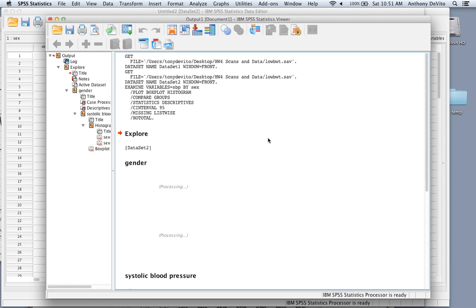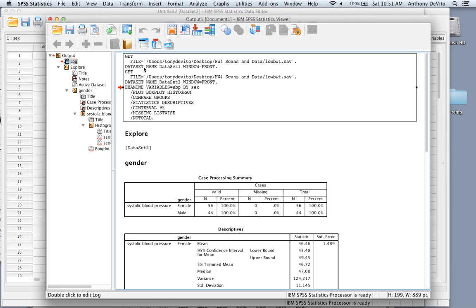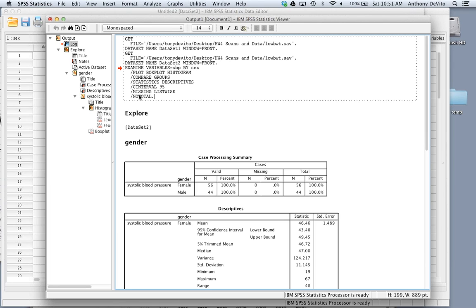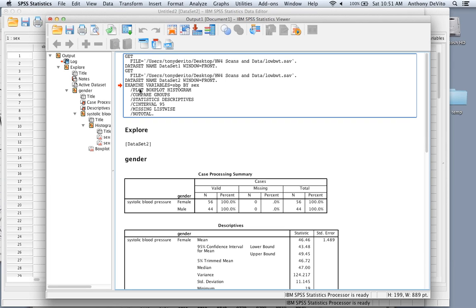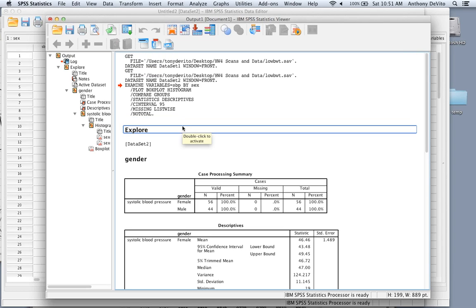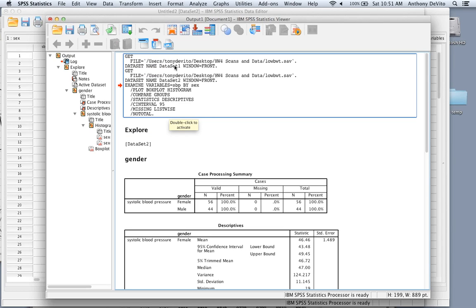It's going to go to the output window. Now notice on the output window, first thing you get is the syntax, the commands that you could have given SPSS individually by typing them in. That would be very much like using R, except that this is a language specific to SPSS, that you could use to tell it, this is the file, get file, and that's the file you open, low birth weight, and it happens to be on my desktop. Data set name, and get, we repeated it twice.